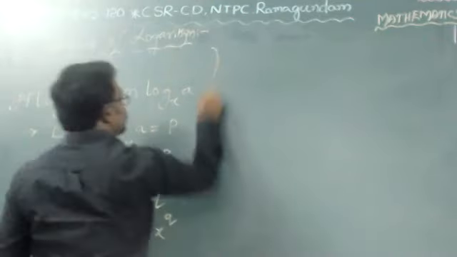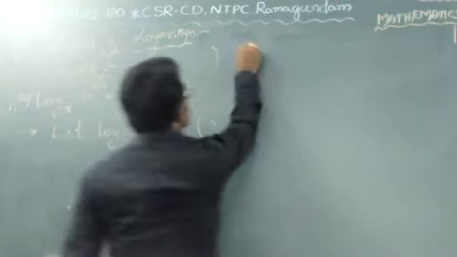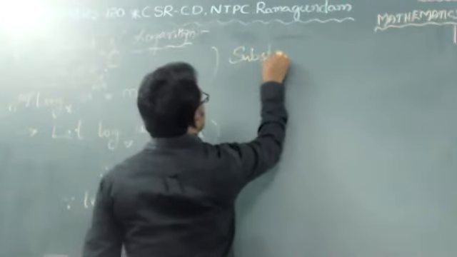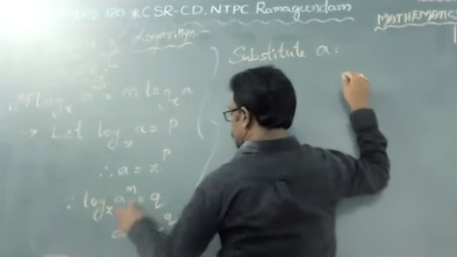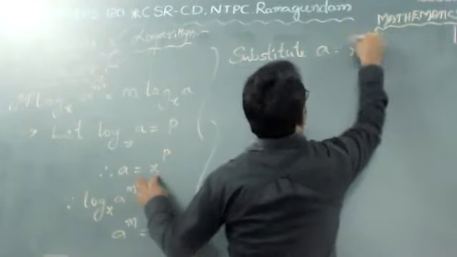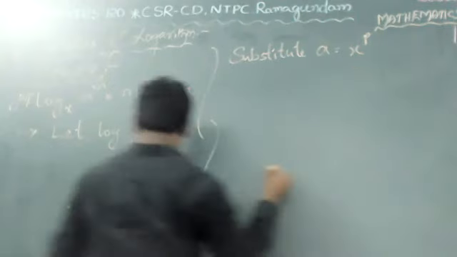Substitute A is equal to x power P. What happens here?